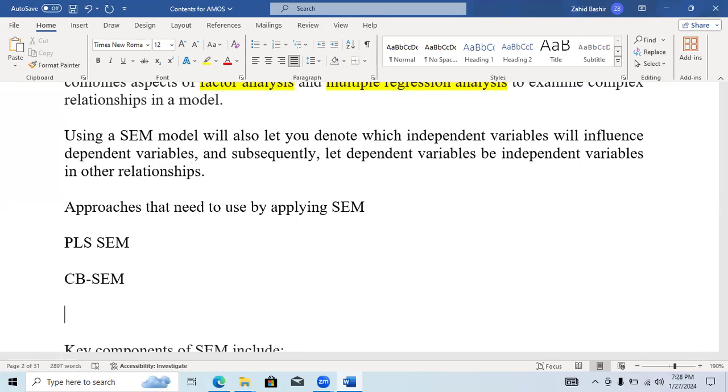If your data set is non-parametric, if it has a number of observations less than 30 and there is no background theory in support of the analysis, then you are most probably going to use PLS-SEM. But if there is a theory behind, if your number of observations is greater than 30, then you are going to use CB-SEM, which is covariance based structural equation modeling. So AMOS is about using covariance based structural equation modeling.